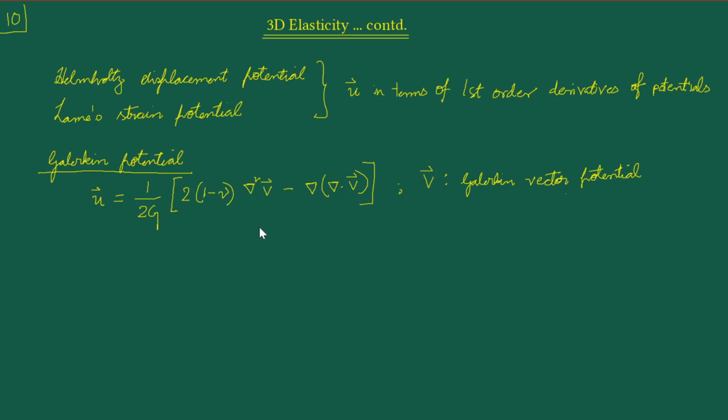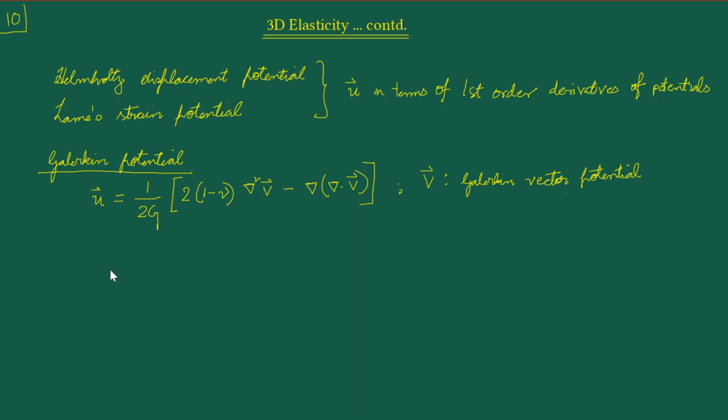Rather, what I will do is something similar to what I had been doing both in the Helmholtz displacement potential discussion as well as the Lamé strain potential discussion, and that is to utilize this particular form, as it is given by Galerkin, in the Navier-Lamé equation.